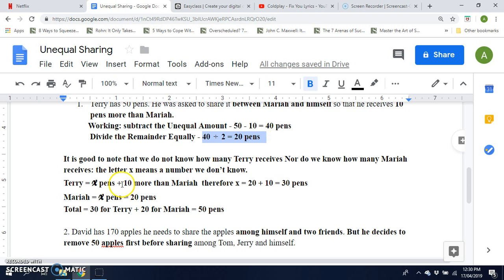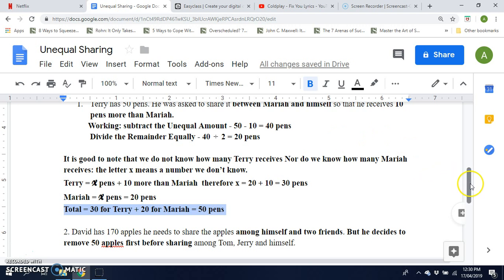After you have shared equally, you have 20 for Terry, 20 for Maria, and that gives you a total of 40. And then Terry went back to his room and found his 10 extra. He has 30. And the good thing about unequal sharing is that if you add it back with the amounts you are saying, you will have 50.